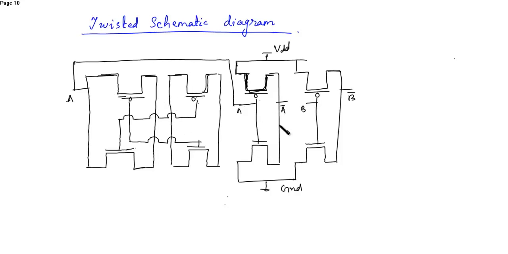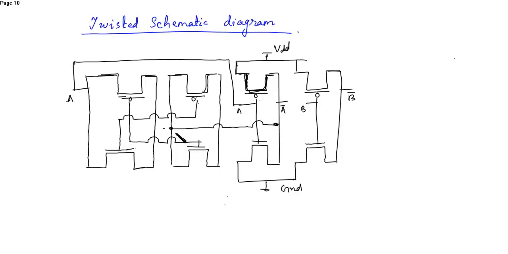So this A bar will be connected over here. So make a connection from this side. This is A bar, then you can directly connect from here. This is A bar.